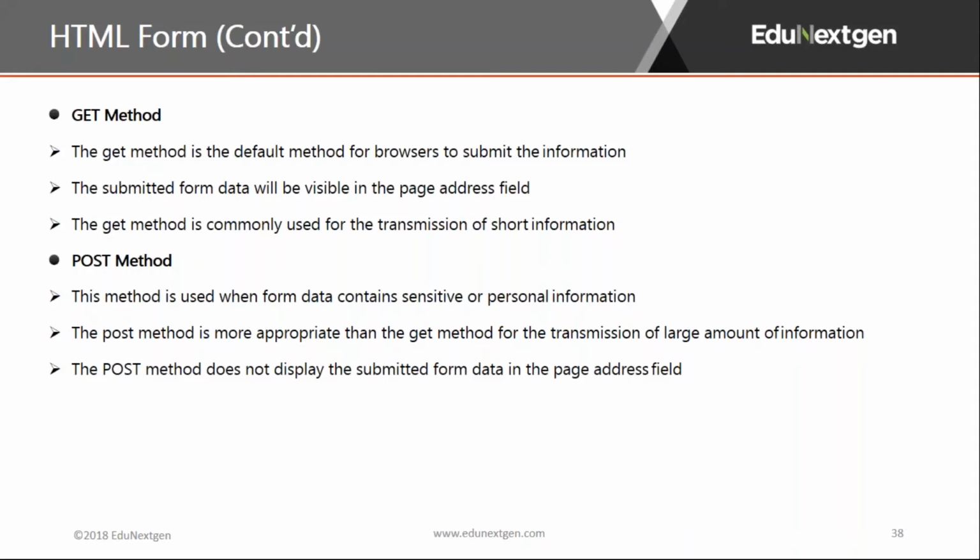The post method is required when we have a large amount of data, or when we are sending personal information that has to be secured, so we use the post method. It won't show the data in the address bar. We'll see in our practical how the get and post methods work.